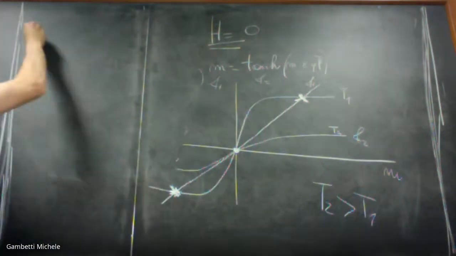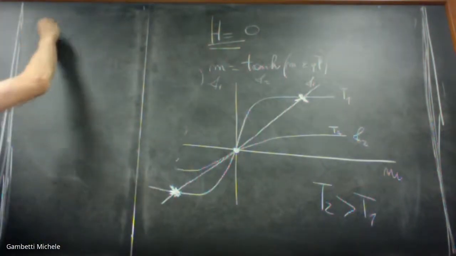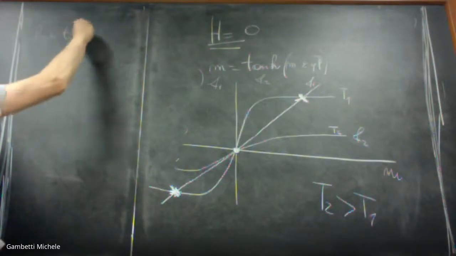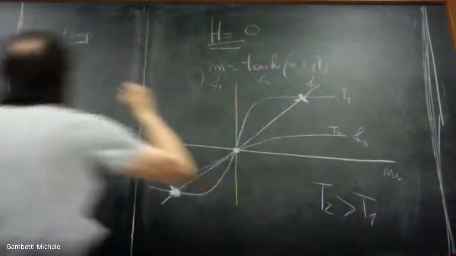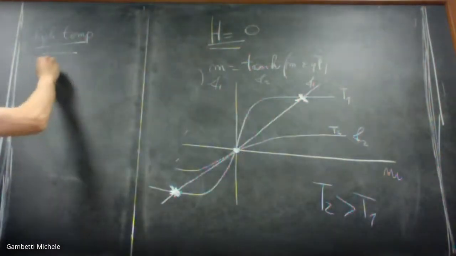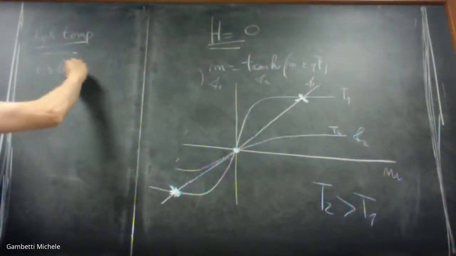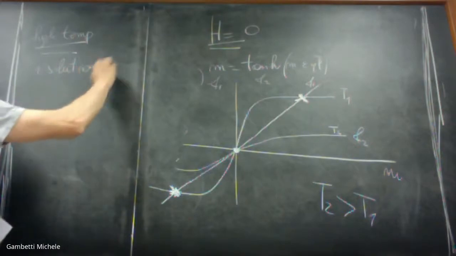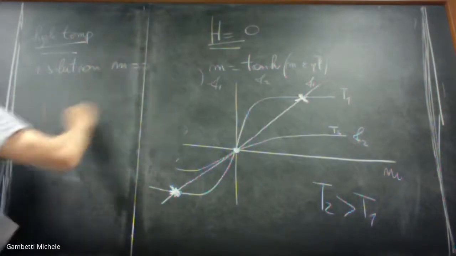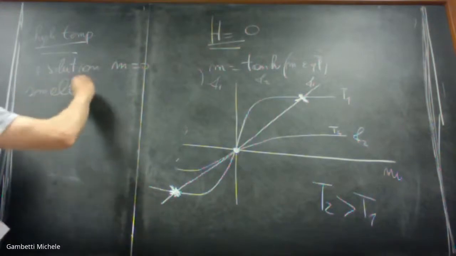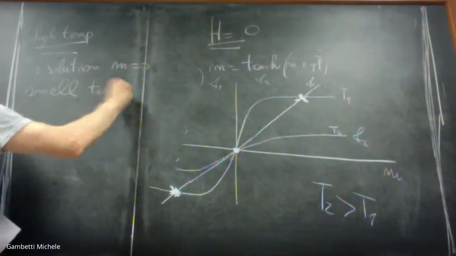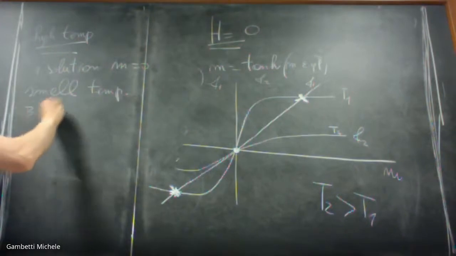For high temperature, which is the case of T2, I just have one solution, which is m equal to 0. For small temperature, and now we will see what small means, we have actually three solutions.